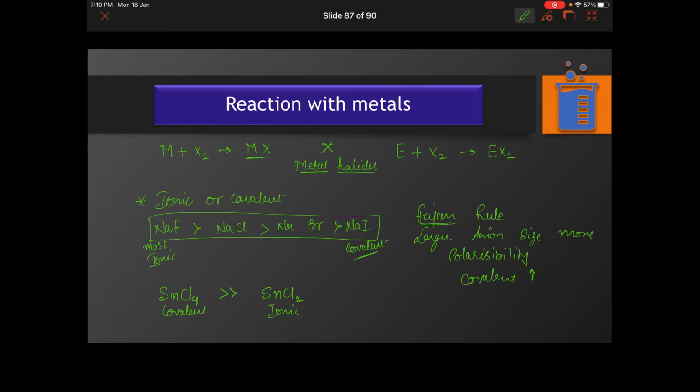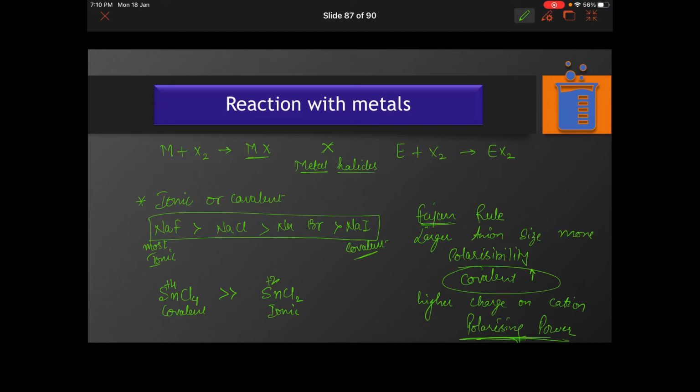Very simple reason. Again, higher charge on cation, more is the polarizing power. Again, Fajan rule is the answer. More is the polarizing power, and more polarizing power means more covalent character. Hence, +4 state will have more covalent character and +2 will have lesser covalent character, right?